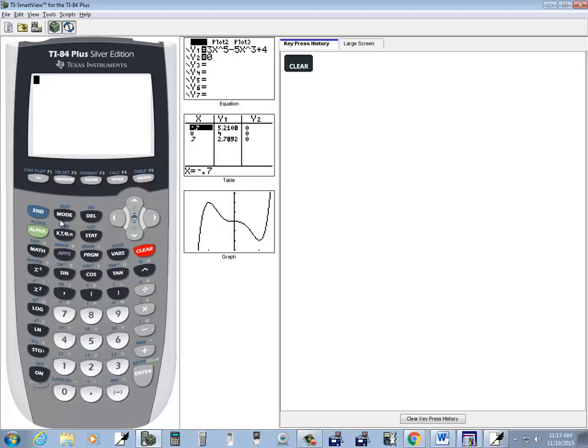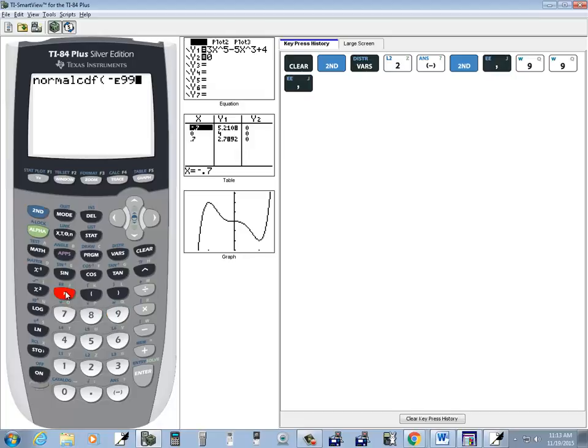Okay, so I'll do second vars, normal CDF, negative E99, comma, 3, comma 4, comma 1. And we get this for our probability.